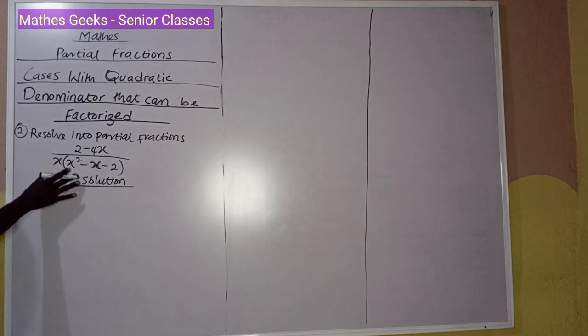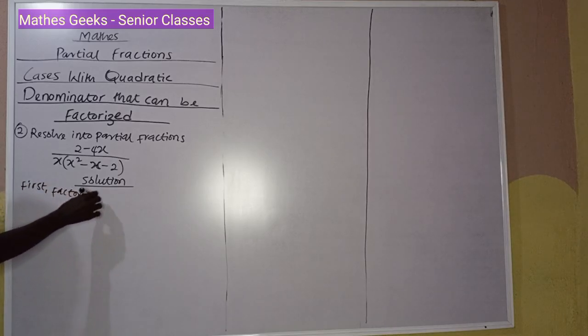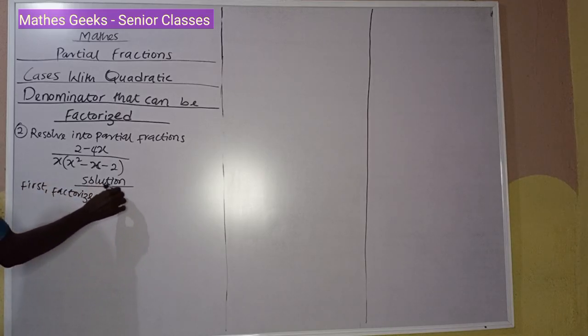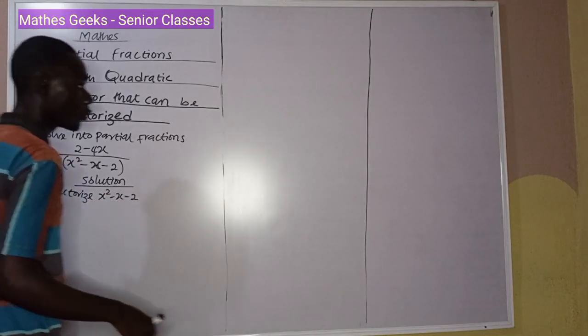So this particular expression has two factors here that can be factorized. So we'll say first factorize x squared minus x minus 2.